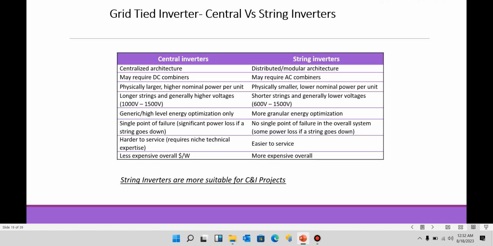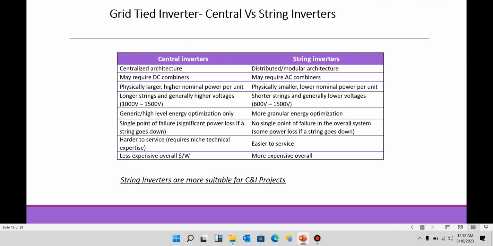There are two types of inverters, the central inverter and the string inverter. There are some pros and cons of a string inverter. Let's discuss one by one. The centralized or central inverter has a centralized architecture, whereas the string inverter has a modular architecture.